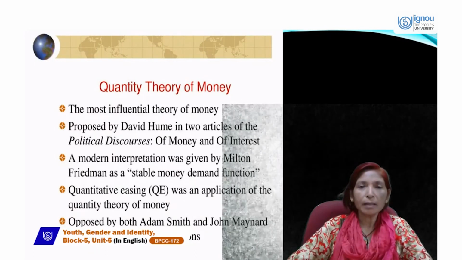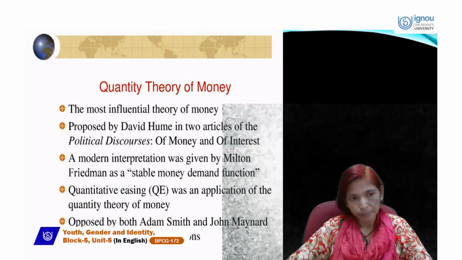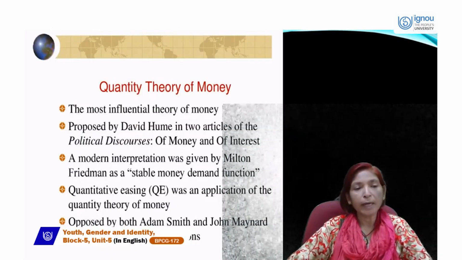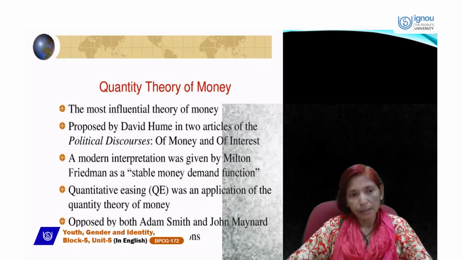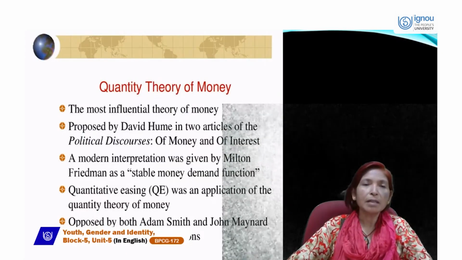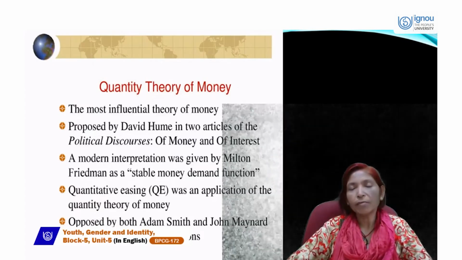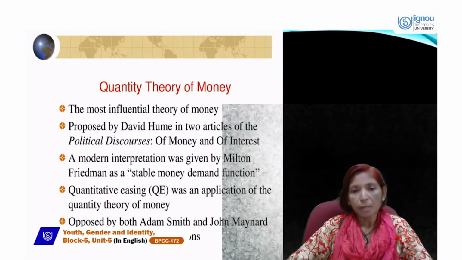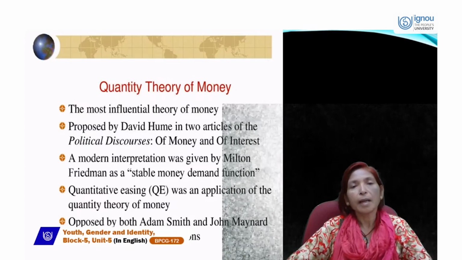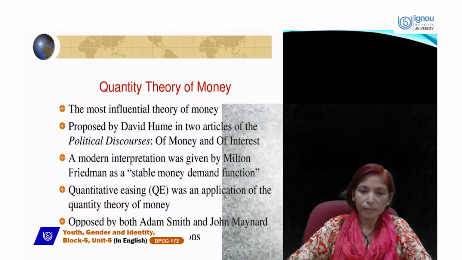So these two articles were written by David Hume, and this theory was also first propounded by David Hume. The modern interpretation was given by Milton Friedman as a stable money demand function. But quantitative easing was an application of the quantity theory of money.